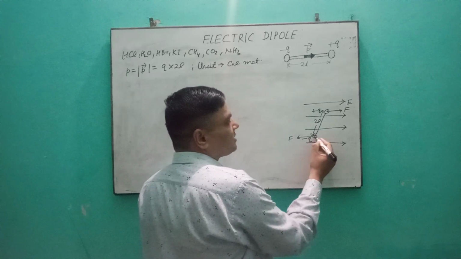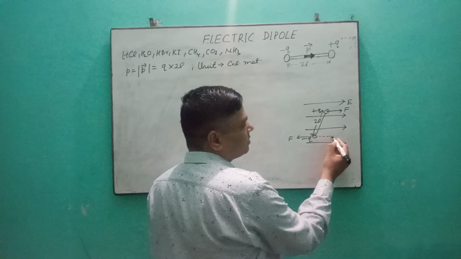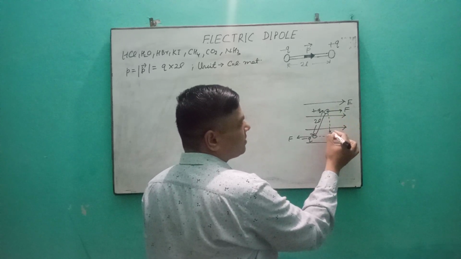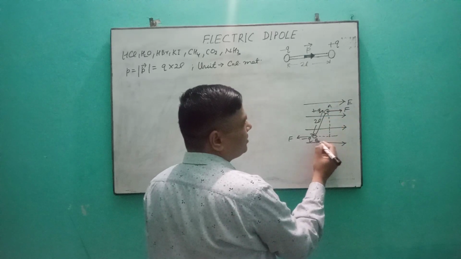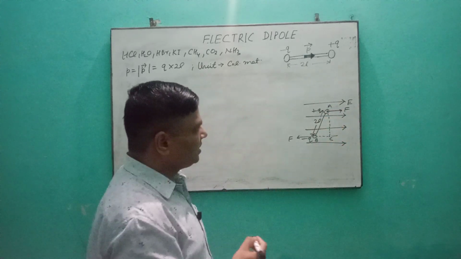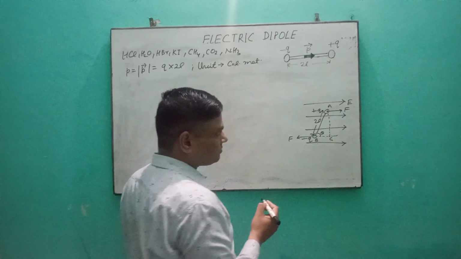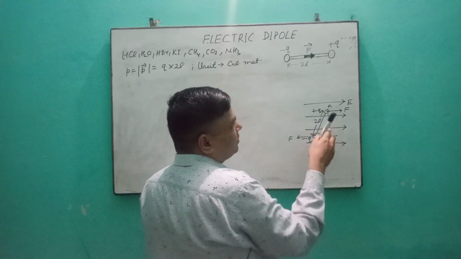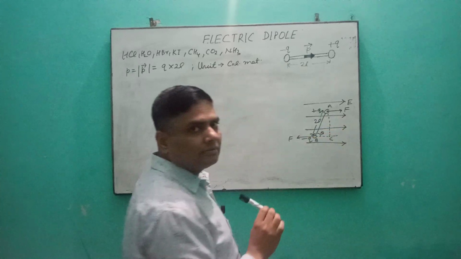If we increase this line of action of force and draw a perpendicular from positive charge q, we will find a triangle ABC. In this triangle this angle will be theta, because our electric dipole is placed at an angle theta with electric field E.